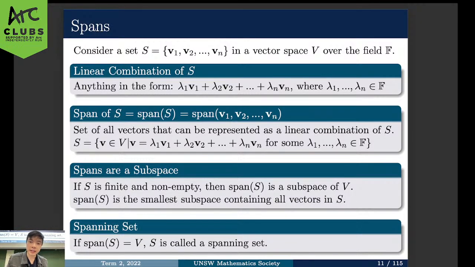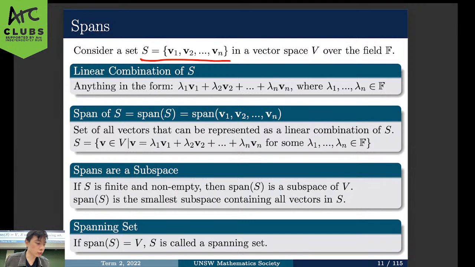So let's move on to spans. Essentially, spans are when we consider a set of vectors from v1 to vn, let's call it S, in a vector space V over a field F. So obviously we know what a linear combination is. It's essentially just any vector we can put in the form of a scalar times the first vector, added to a scalar times the second vector, and so on until it's a scalar times the last vector.